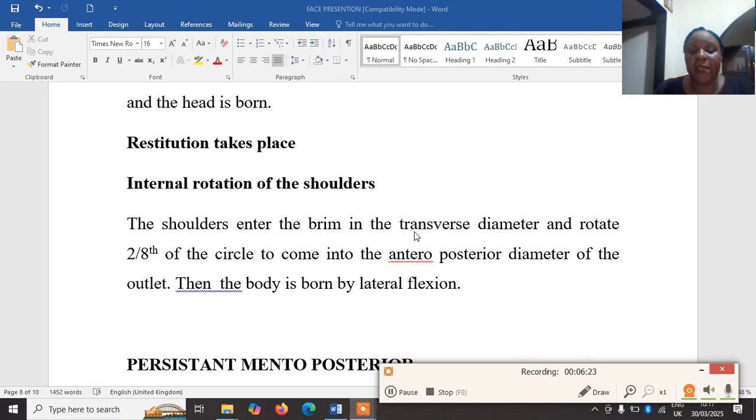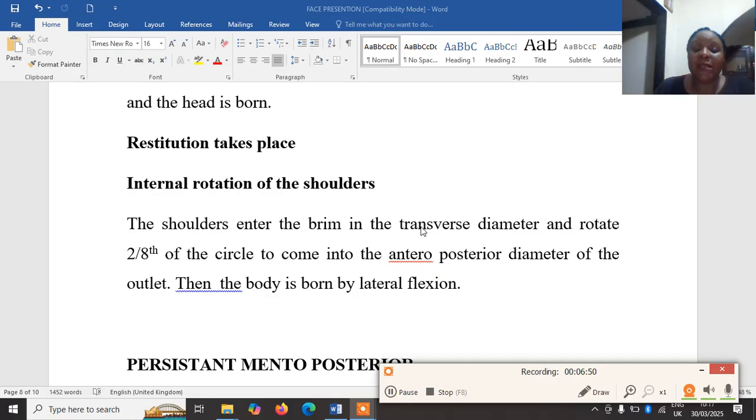Then we have a second outcome of mentoposterior, whereby this mentoposterior can also have a long rotation. And when it gets a long rotation, it will bring the mentum anteriorly. And this mentum being anterior, it will be delivered like in the short rotation.